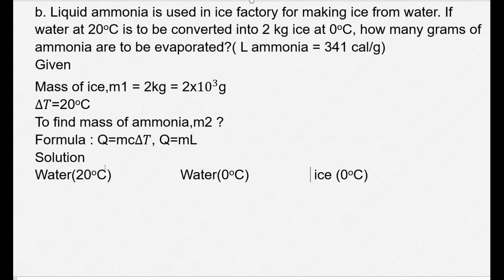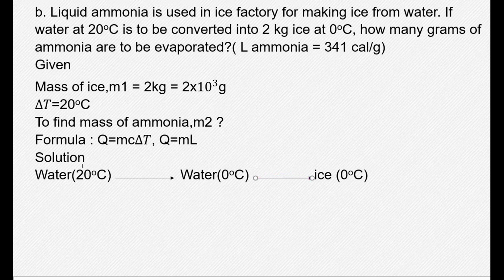Water at 20 degrees Celsius will get converted to water at 0 degrees Celsius. Then water at 0 degrees Celsius will get converted to ice at 0 degrees Celsius. This is the process taking place.